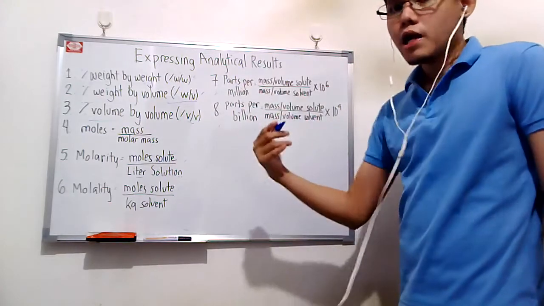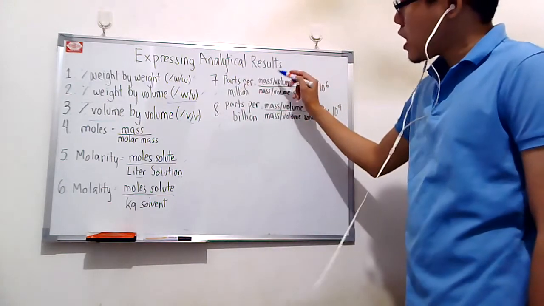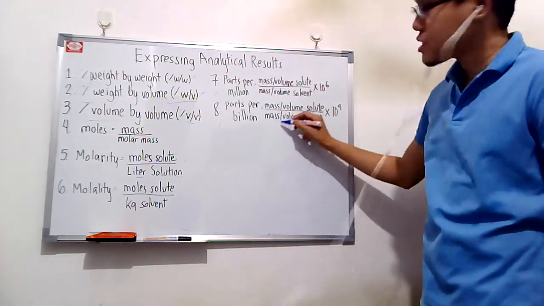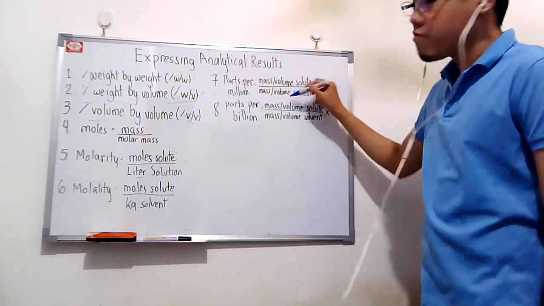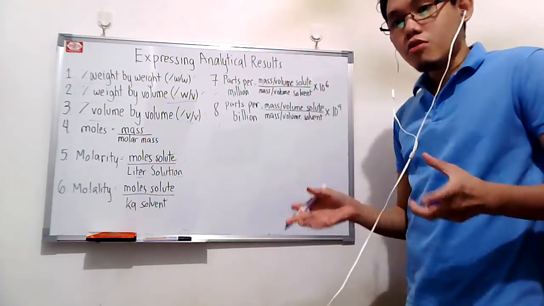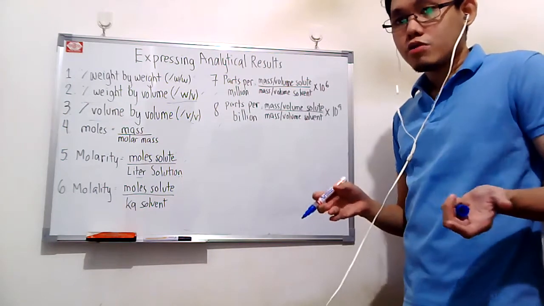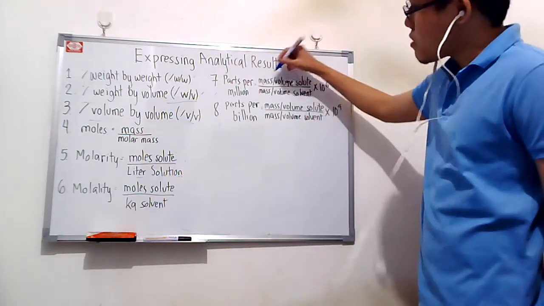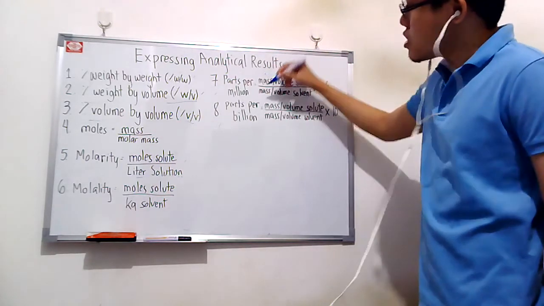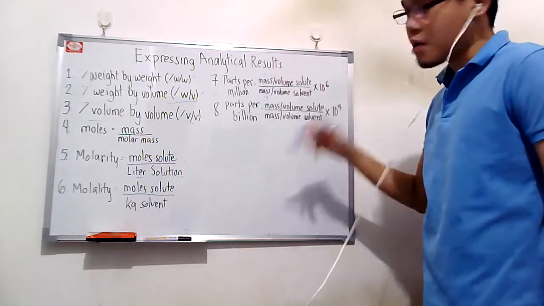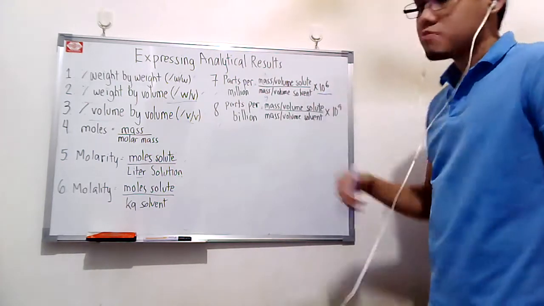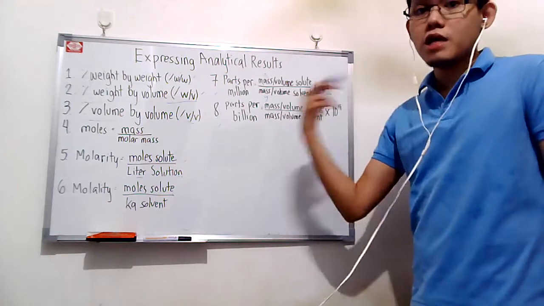The difference is that you can express them both as mass over mass, or volume over volume, provided that the units are the same. For example, if the mass in your numerator is in grams, the denominator should also be in grams, and then you multiply by 10 to the 6, which is worth a million.